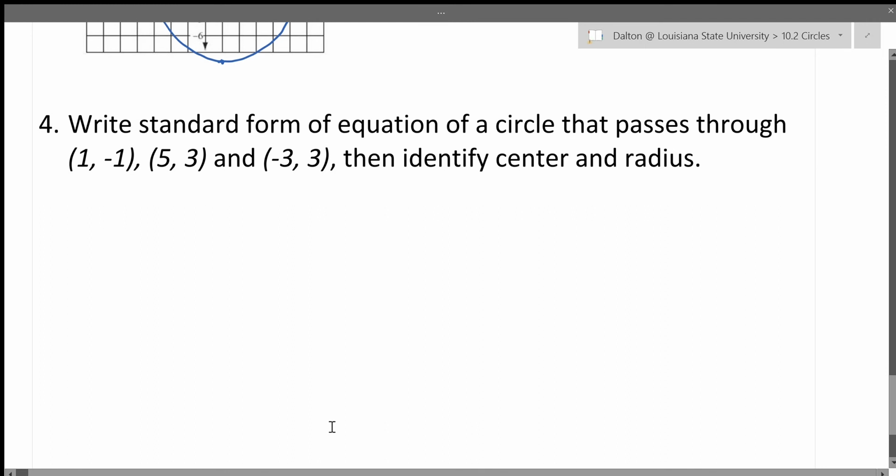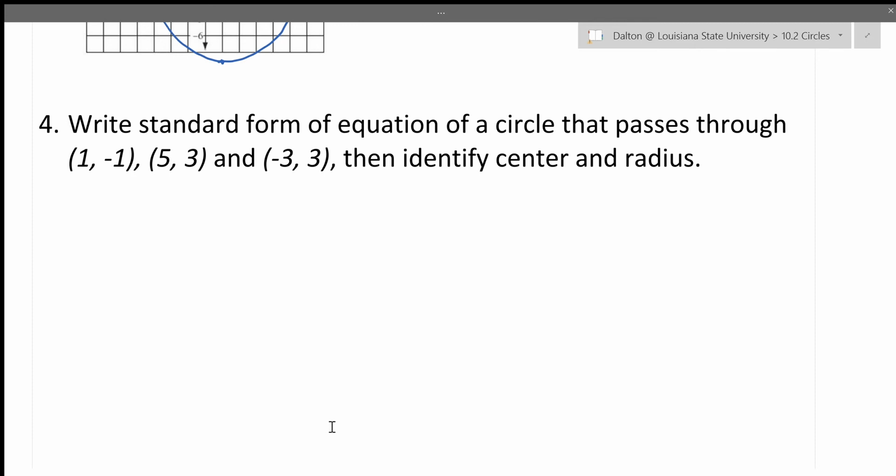2 points determine a line, right? So there's point slope form of a line to kind of figure out what that might be. 3 points determine a circle. So this one's a little bit tricky.